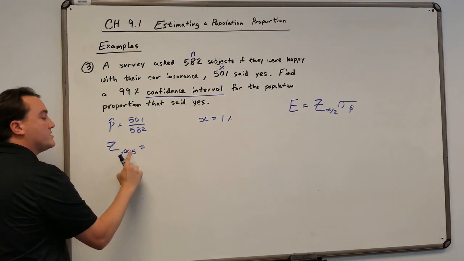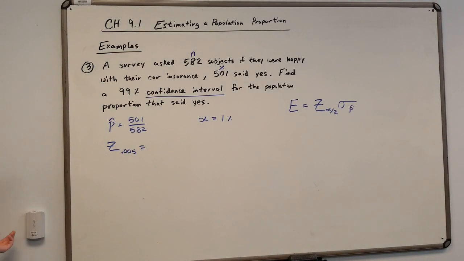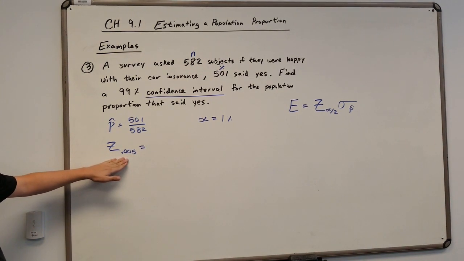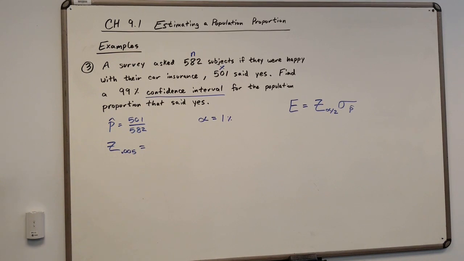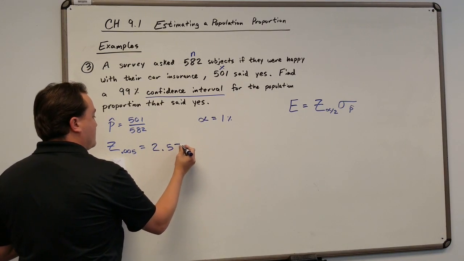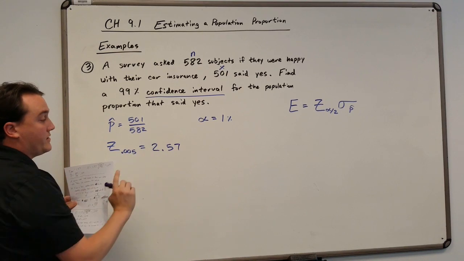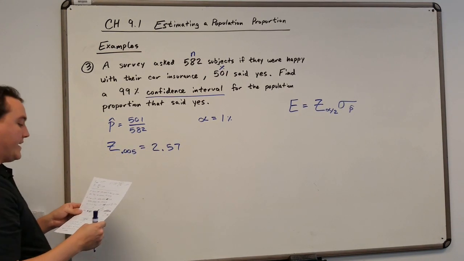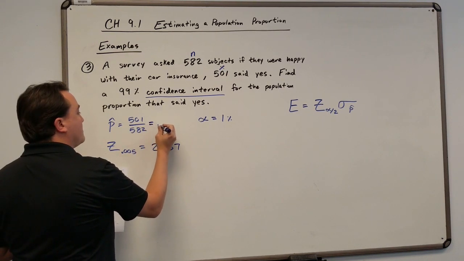So you look for this on the table, or you type it into your calculator, the z-score for 0.005, right? So these numbers are 2.57 for the z-score, or 2.57 standard deviations up or down. And then we have 0.8608.